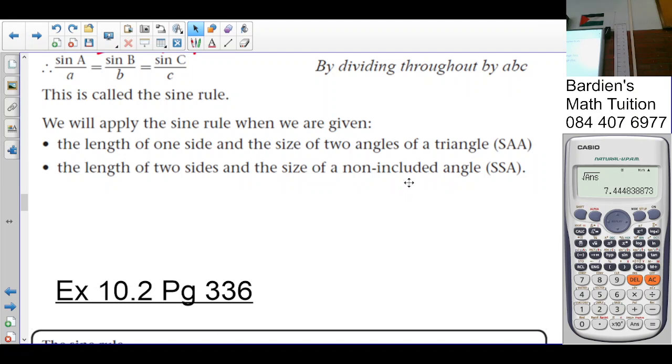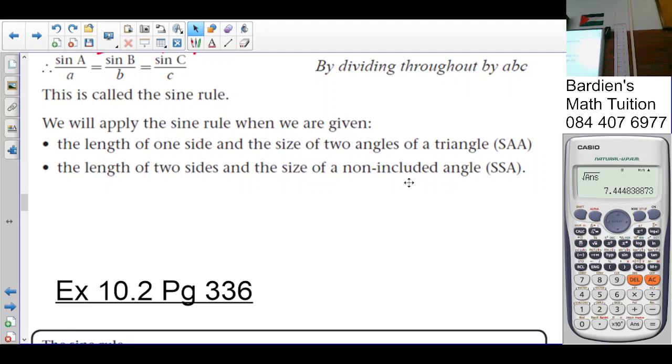And remember, to use the area rule we need two sides and an included angle. For the sine rule, you must have two sides and a non-included angle. You see the difference?